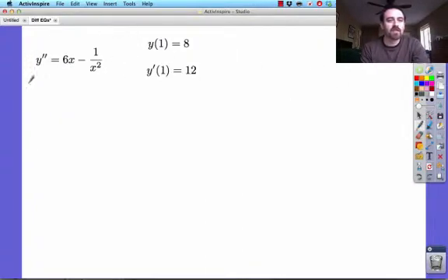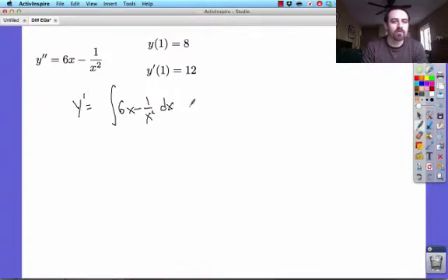All right, so here's another example. This time we're using a second derivative, so we're just going to have to do the process twice. Okay, so if we want to find y, well, we are at y double prime. So if we want to find y prime, I've got to take the integral of this, 6x minus 1 over x squared dx. Let's do the work.